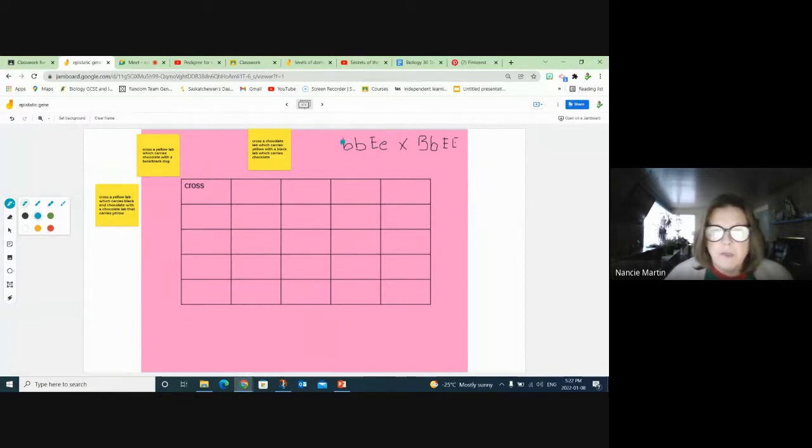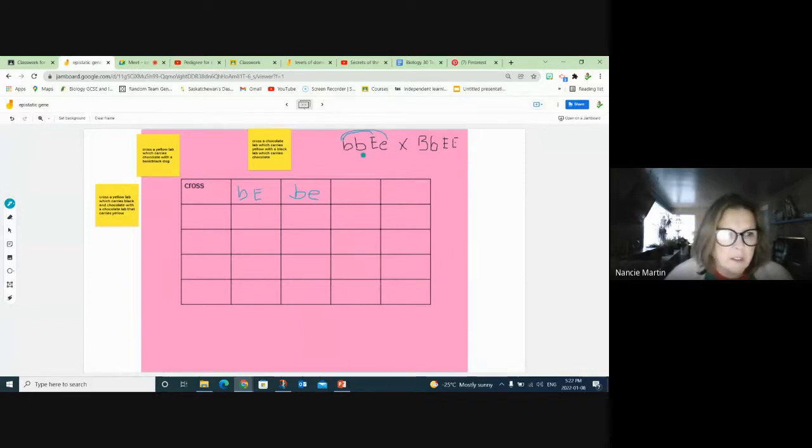So in this case, I've got a small b with a big E and a small b with a little e. And you probably have done enough dihybrid crosses to know that we don't need to do the next two because they're going to be exactly the same, right? So I'm not going to bother with those.